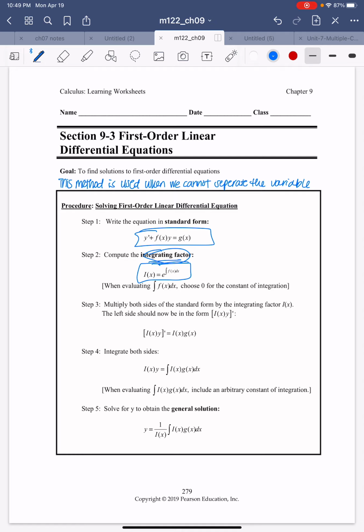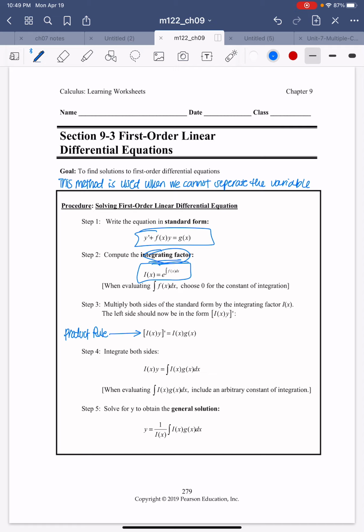Once you multiply, the equation is now integrable, so you can solve and find the y function. And then another extension is this part over here. This will result in the product rule. We are going to observe all these while we work on each step.